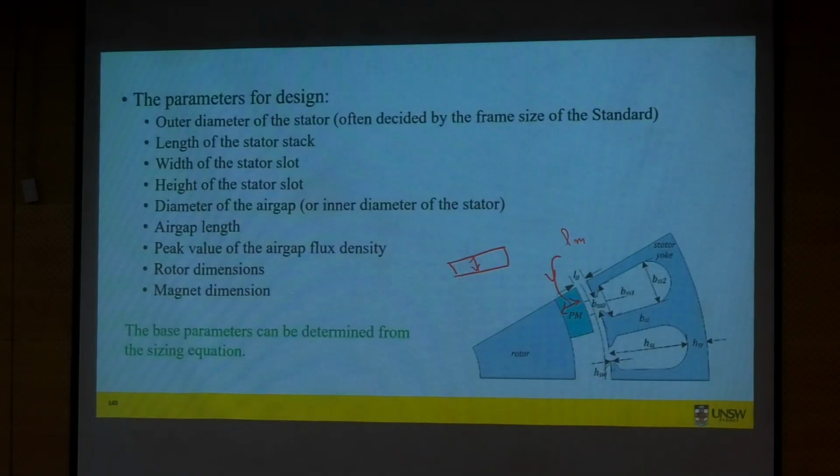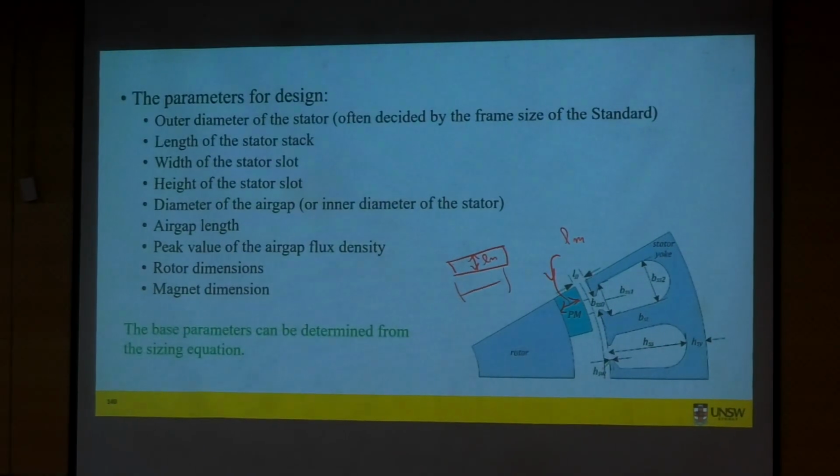This will be your LM, which is the main parameter. This part we can say is the width of the magnet, so even though it affects your cross-sectional area, the main effect actually comes from LM, the width of the magnet.